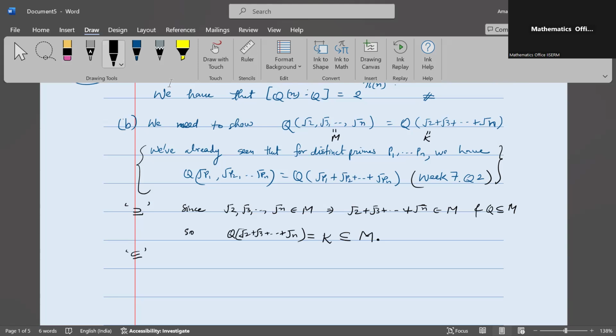We'll just show that √2 belongs to K. Similarly, for the others, √i belongs to K, for i equal to 3 up to n, will follow similarly.